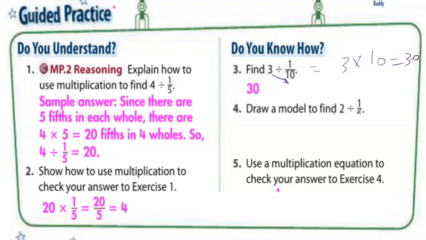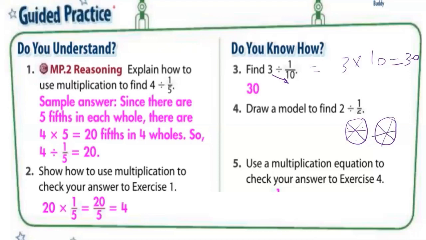Draw a model to find 2 divided by 1 over 6. That means I'm going to draw 2 models according to the given whole number and divide each in 6 parts. Here is 1, here is 2, okay, 1, 2, 3, 4, 5, 6. The same we will do here: 1, 2, 3, 4, 5, 6.